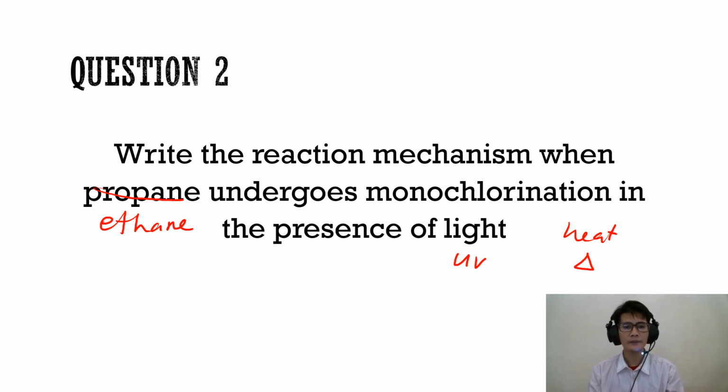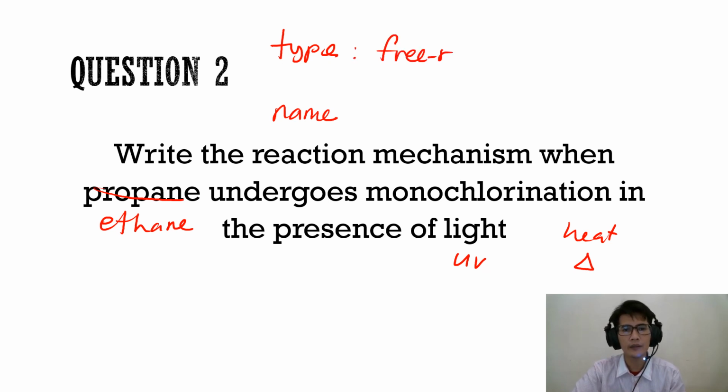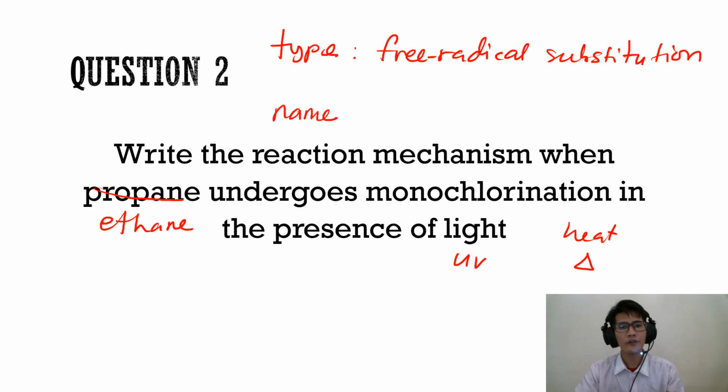That is the first thing I want to stress to you. The second thing, don't be confused between the type of reaction and the name of the reaction. The type of the reaction is free radical substitution. Why free radical?